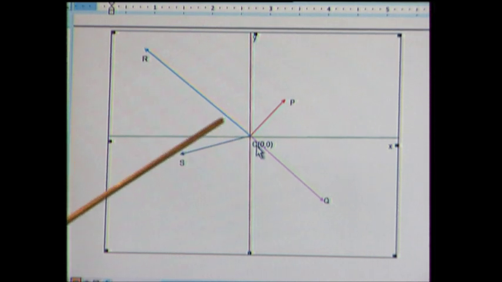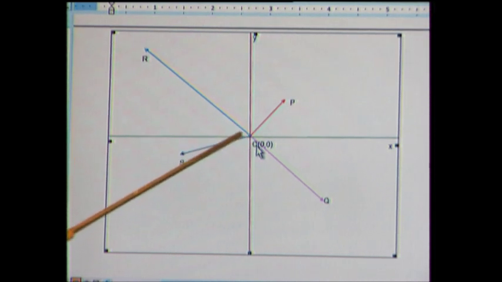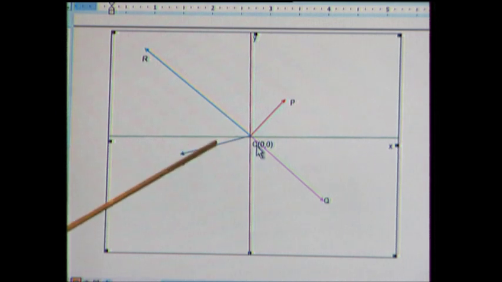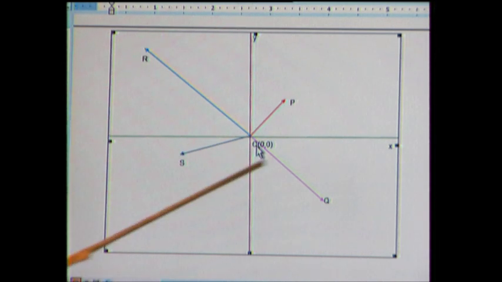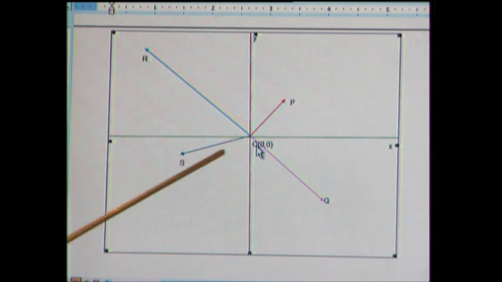Let us consider the xy plane. The usual xy plane is R2, it is R cross R. This is the x axis, this is the y axis. You look at the points P, Q, R, S in the xy plane.